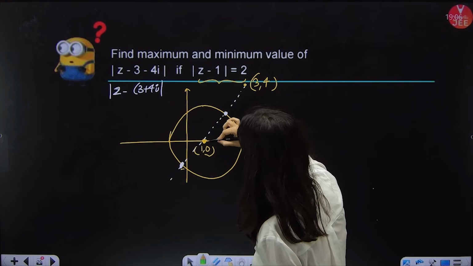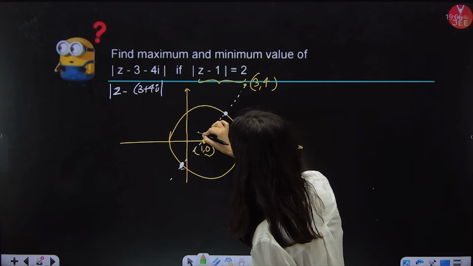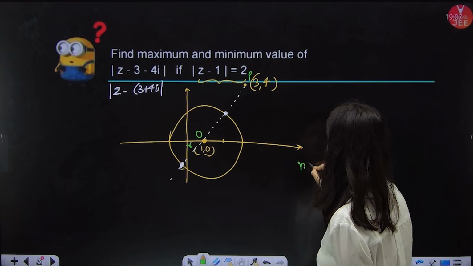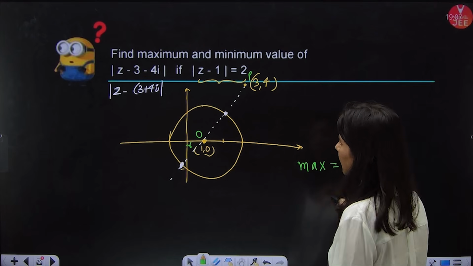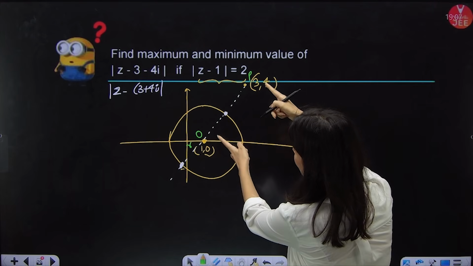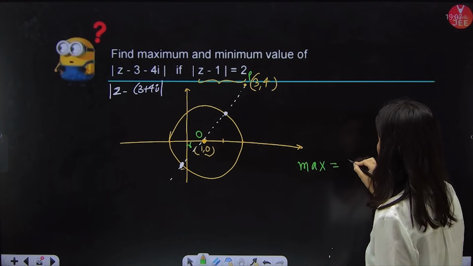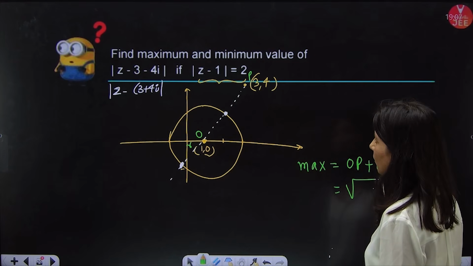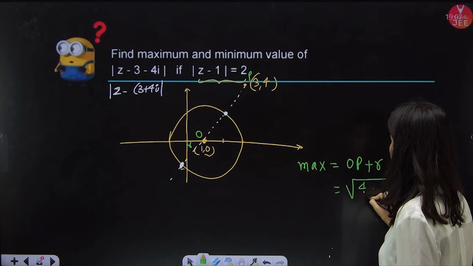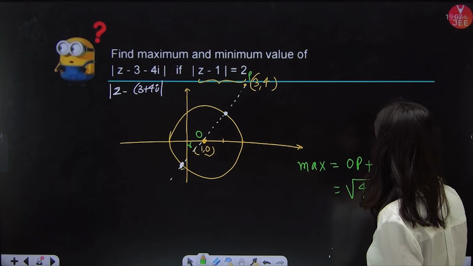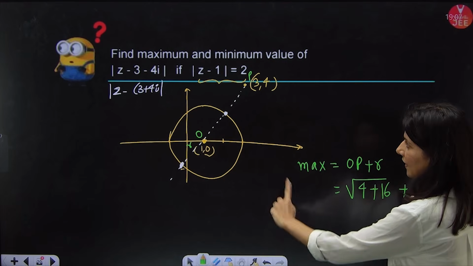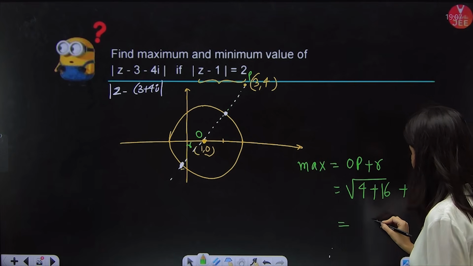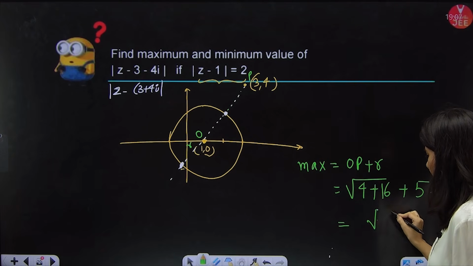Now can you just calculate the distance between, so this is O, let's say, this is P and this is R. Maximum distance is nothing but OP plus R. What is OP? Square root of 2 square plus 4 square, 4 fours are 16, plus radius is 5. So this is root 20 plus 5.